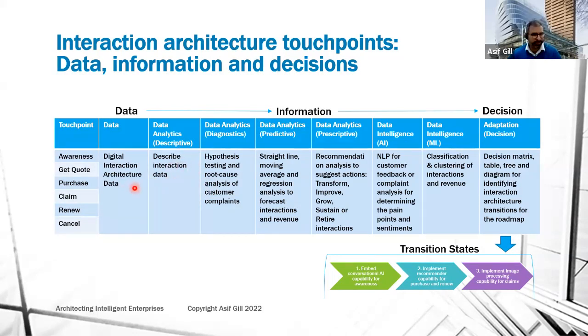You can describe the interaction data. Then you also apply diagnostic models on that. You may have a hypothesis and root cause analysis of the customer complaints during interactions. You can also look at the data from a predictive point of view. You may use different methods, moving average, straight line, regression analysis, to forecast the interactions and predictive revenue coming from there.